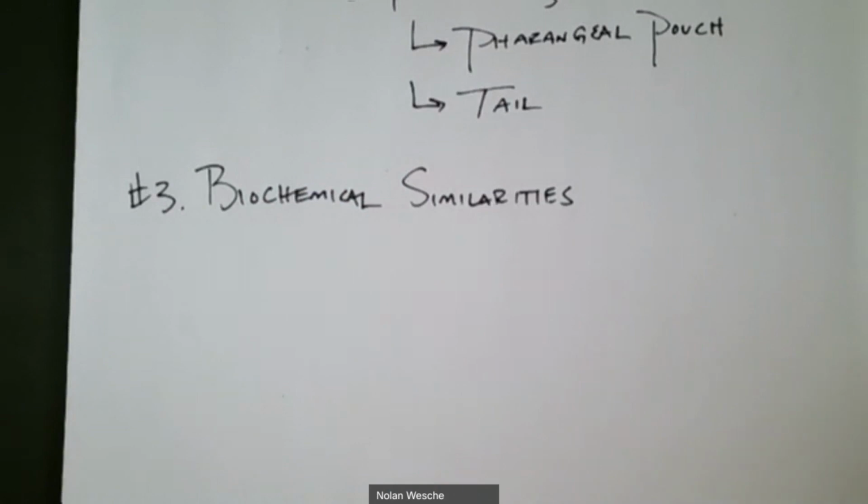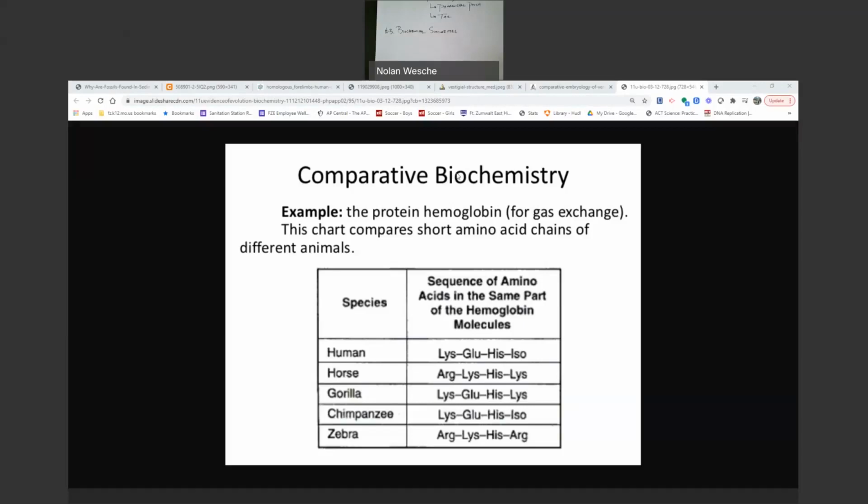So, for example, here we have a very simplified example where we have the hemoglobin protein and just a really small piece of this protein, the amino acid sequences, in 5 different organisms. The more closely aligned these amino acid sequences are, or the more closely conserved they are between species, the more likely they are to be related. So when we look at the hemoglobin molecules and the amino acids that make up the protein, the human and the chimp have identical sequences there.